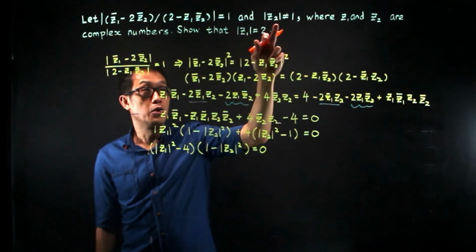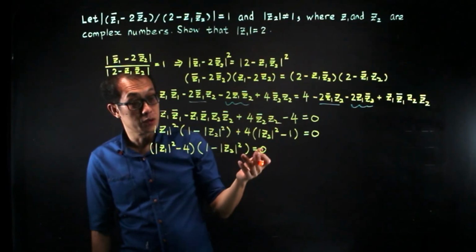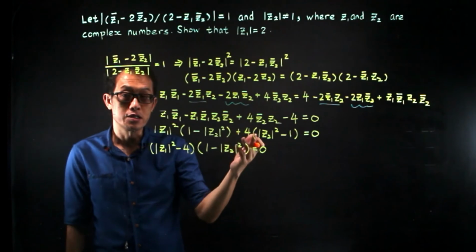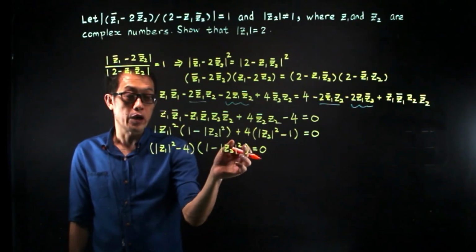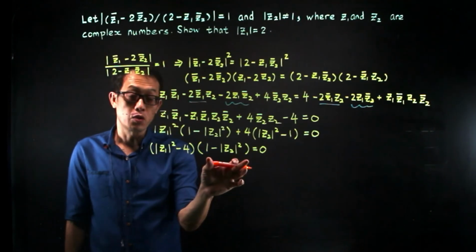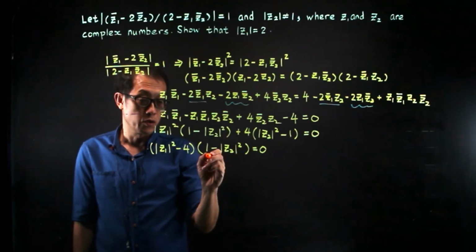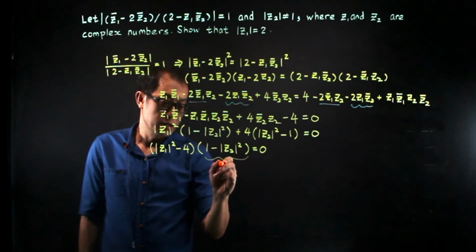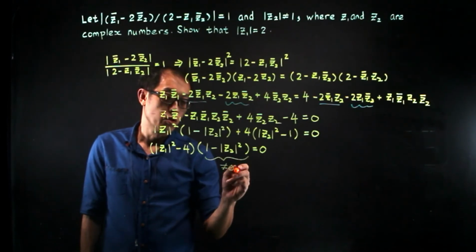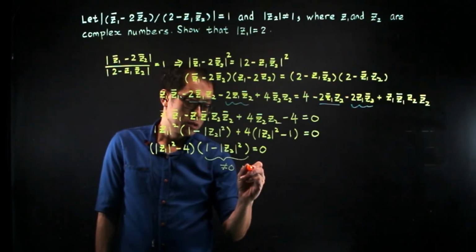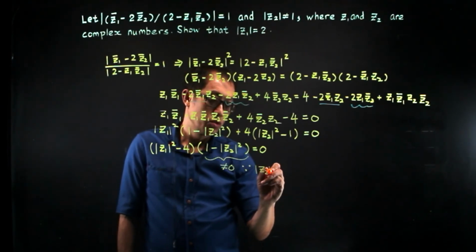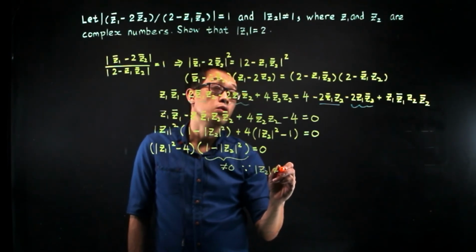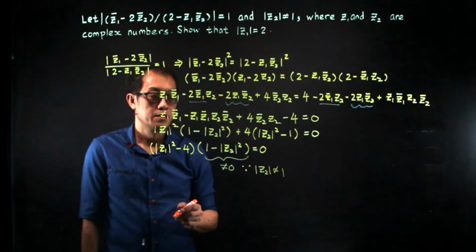The modulus of z2 is not equal to 1. If the modulus of z2 is not equal to 1, then the modulus of z2 squared will not be equal to 1. So this whole thing will not be equal to 0. All right, this one does not equal 0, because the modulus of z2 is not equal to 1, given.